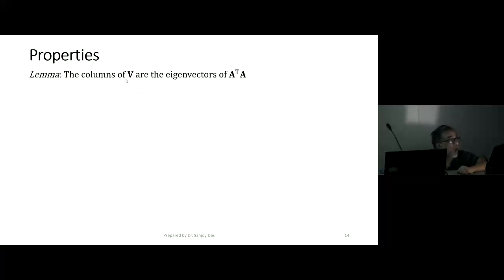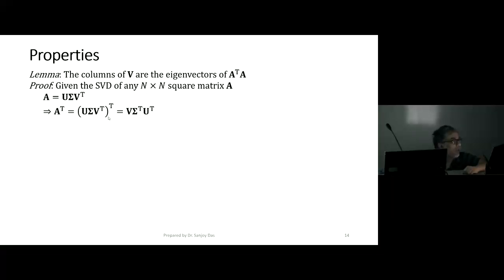Okay. The columns of V are the eigenvectors of A transpose A. Proof. A equals U sigma V transpose. This is M by N. So A equals U sigma V transpose. A transpose is U sigma V transpose whole transpose, which is V sigma transpose U transpose.